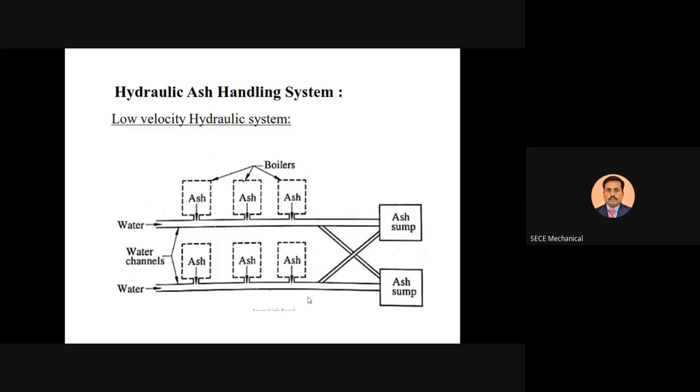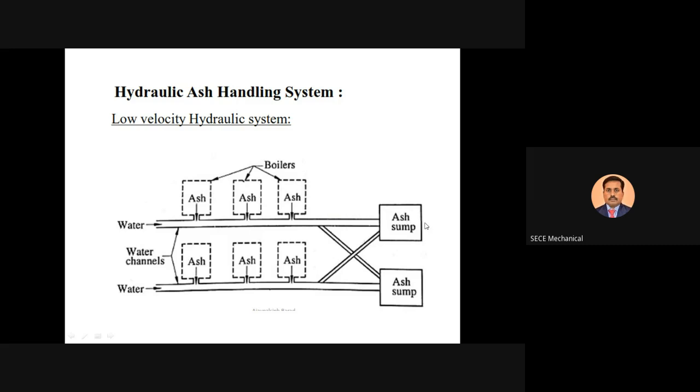With the help of ash pockets, the ash comes down in the lower portion, and at the same time the water also enters. So water and ash are mixed together and it goes to the sump area.